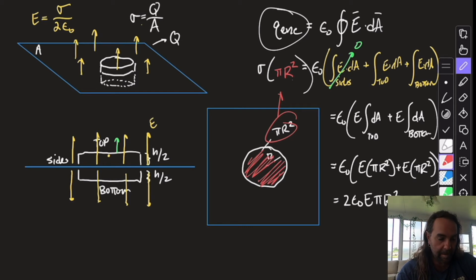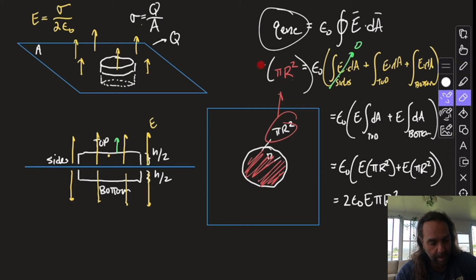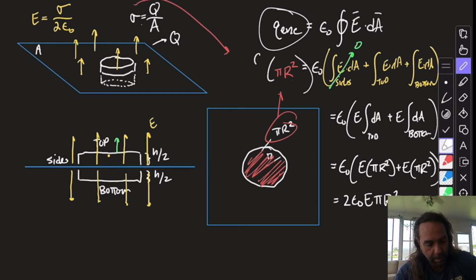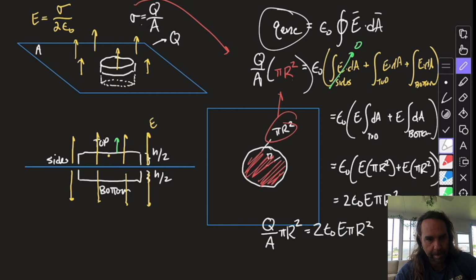And in addition to that, sigma in this case is total charge divided by total area of the sheet. So we can bring all that together. And we get Q over A times pi r squared equals 2 epsilon naught E pi r squared.